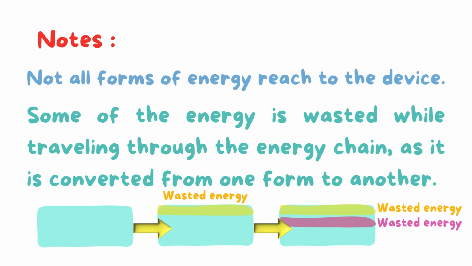So some of the energy is wasted while traveling through the energy chain as it is converted from one form to another. As in this simple drawing, the green one, we start from the left. When this is one form of energy and it changes into another form, some of this energy will be wasted, like this yellow part in the second drawing.